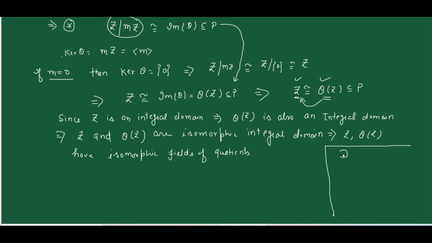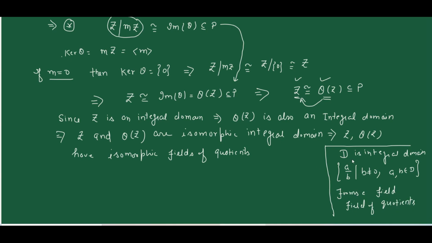If D is an integral domain, then the set of quotients of D, elements of the type A by B, where B is non-zero, and A and B belong to D, forms a field, and it is called the field of quotients.